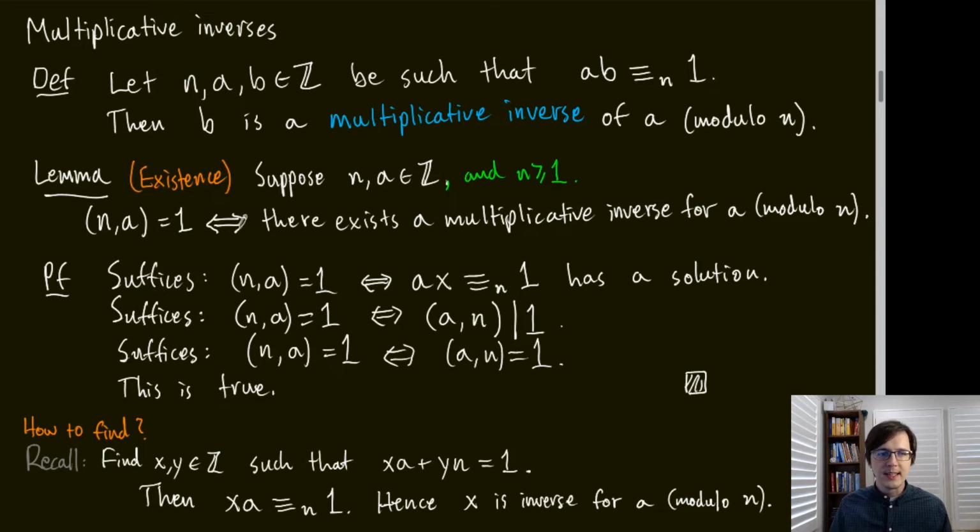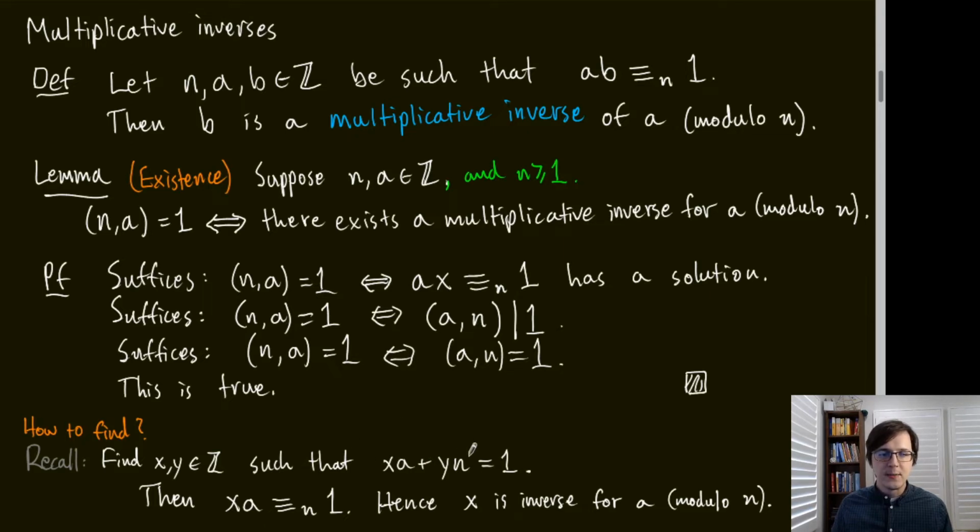One thing I'd like to mention, in here we used some results from previous lectures. Let me just remind you how you can find an inverse. Recall that if the GCD of n and a is 1, then by Bezout's identity there exist some x and y in the integers where xa plus yn is 1, which again you can find using the Euclidean algorithm.